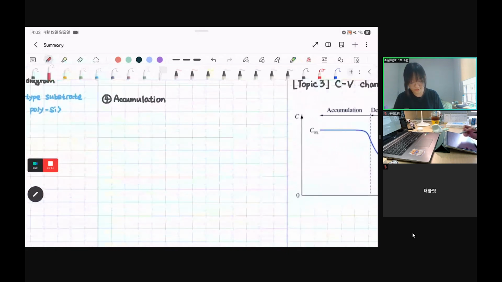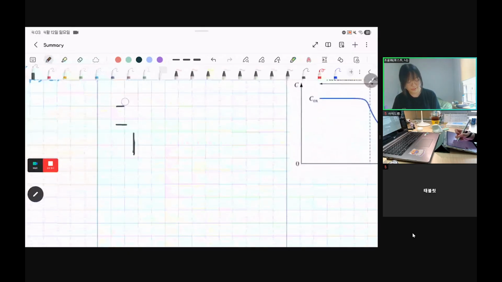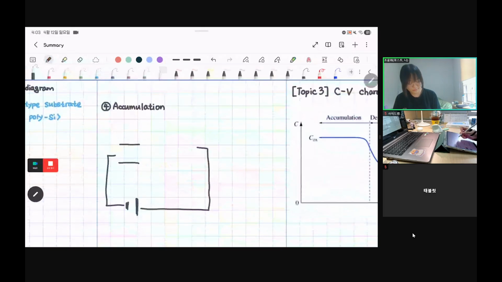And let's see the accumulation state. If we give a bias from gate side to minus and substrate side to plus, we can draw the energy band diagram like this.